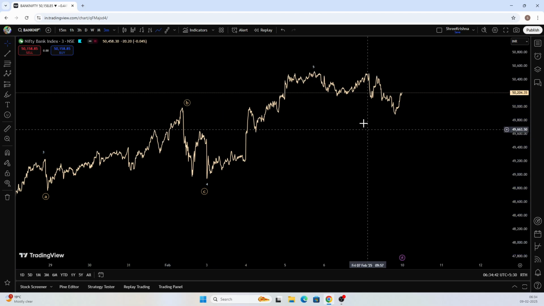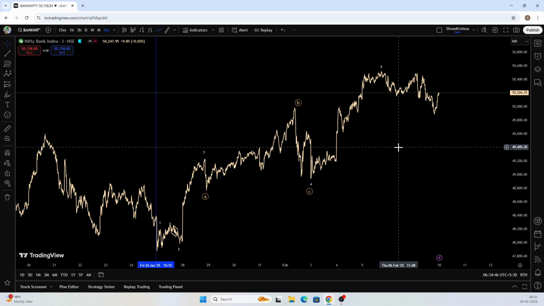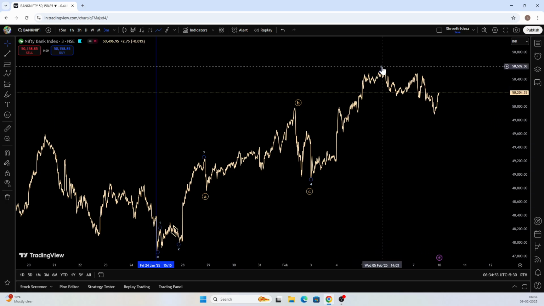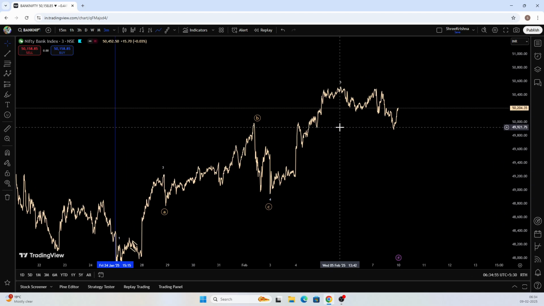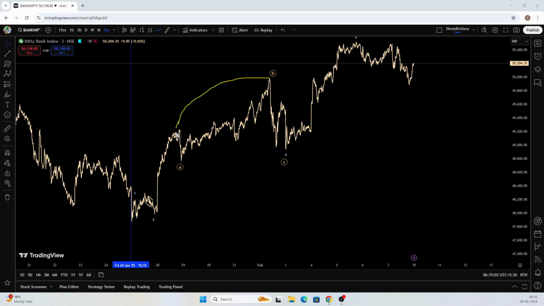Now what happened here? This is 5, 3, 5. This is 5, 3, 5. Then the wave 5th is getting extended. The reason for the wave 5th is this. It has made an accumulation here.